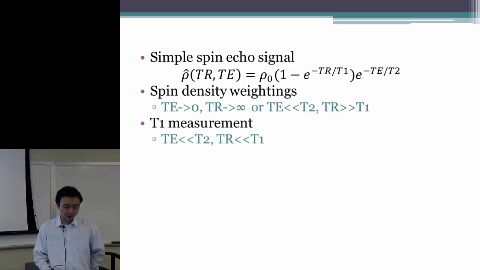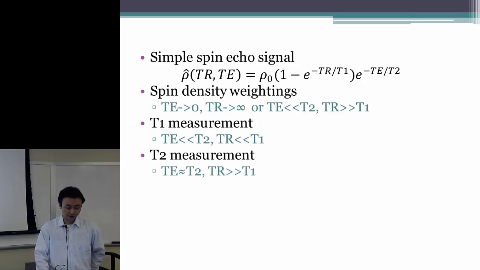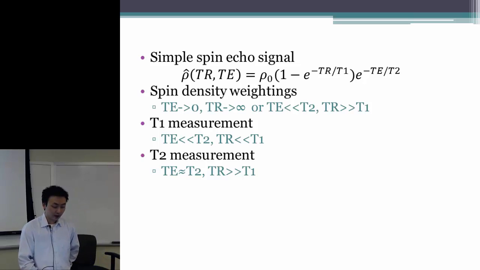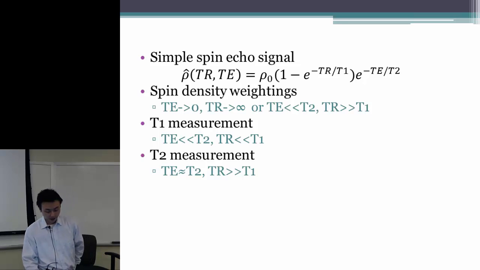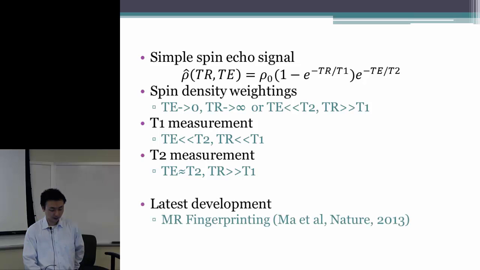If we use a short TE and a short TR, we can obtain mainly the T1 weighted signal. And if we use a long TE, approximately equal to T2, and a very long TR, the signal mainly contains T2 weighting.